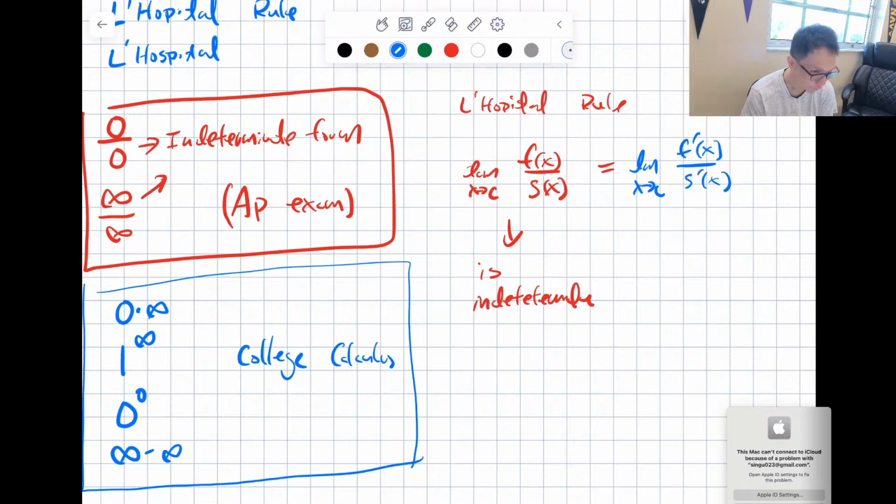Is that okay? With that being said, you just take a derivative of the numerator and denominator. But before you use L'Hopital's rule on an indeterminate form, it has to be a fraction, because it's f of x over g of x.